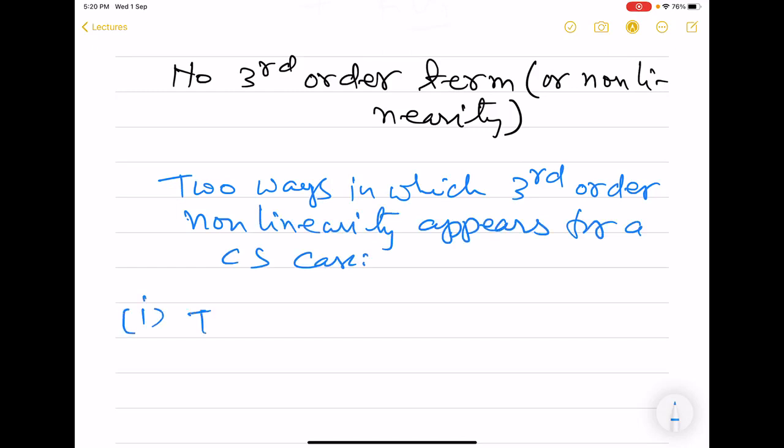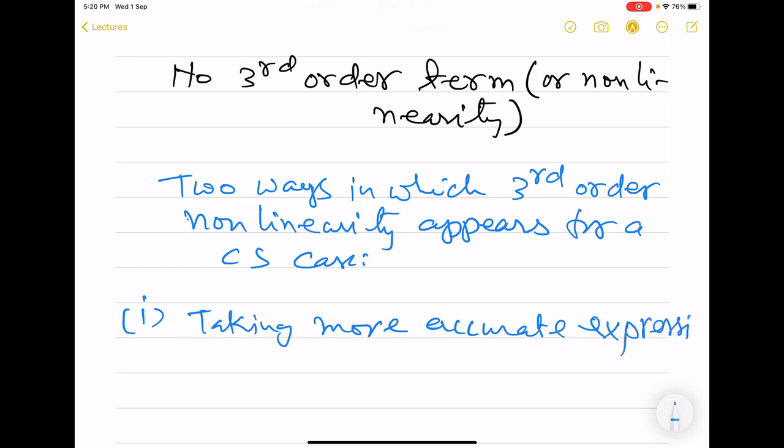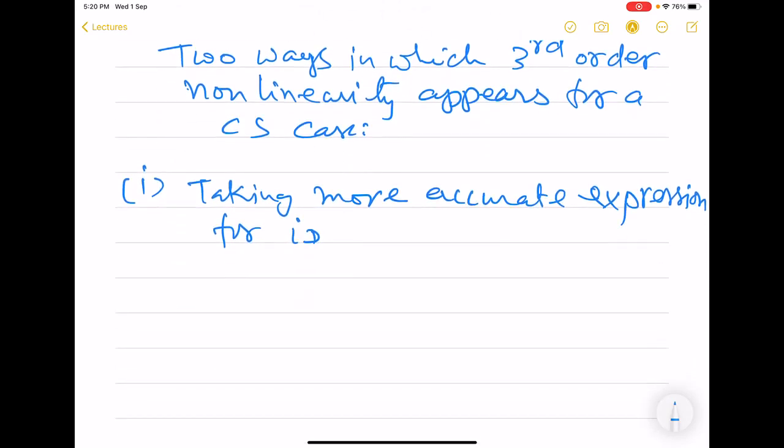So one is taking more accurate expression for ID, and this is of course without degeneration.